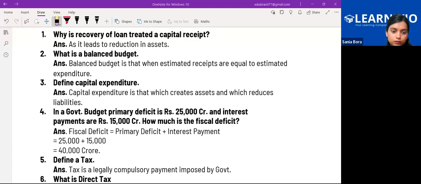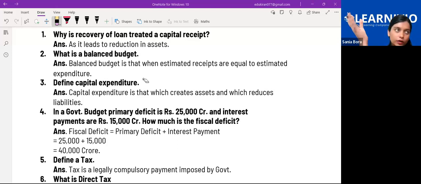Ma'am, it is the balanced budget. Balanced budget is where whatever you are spending, that much money you are getting. So it's balanced.